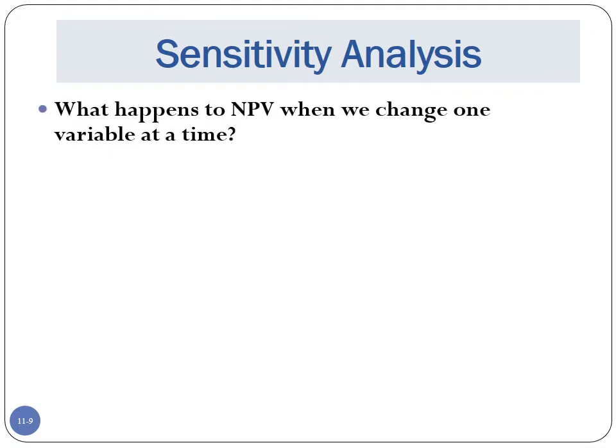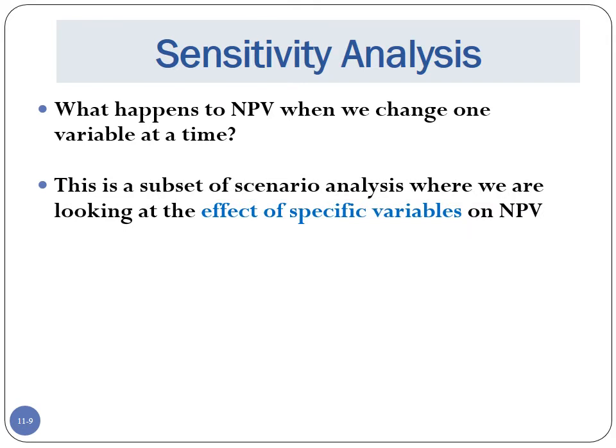Sensitivity analysis is when we change one variable at a time in our financial assessments, and we look at the changes in net present value. So it's really a subset of scenario analysis. Scenario analysis looks at varying everything: best case, worst case, then base case.